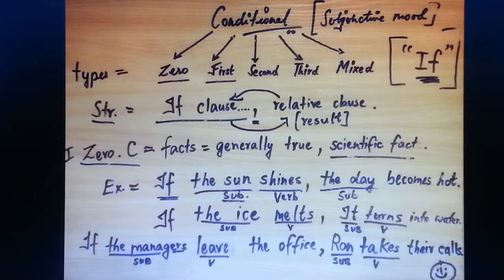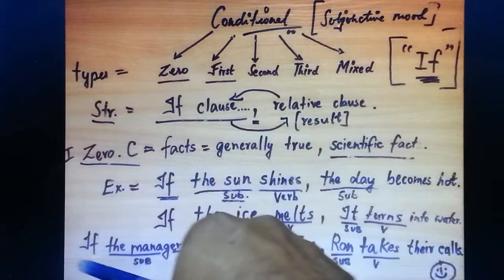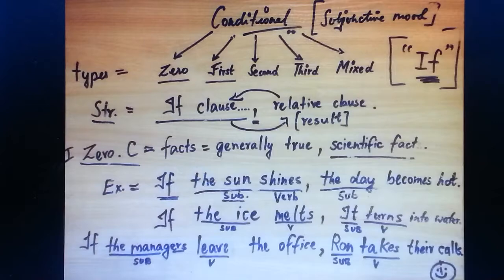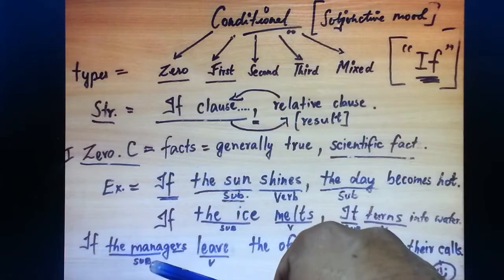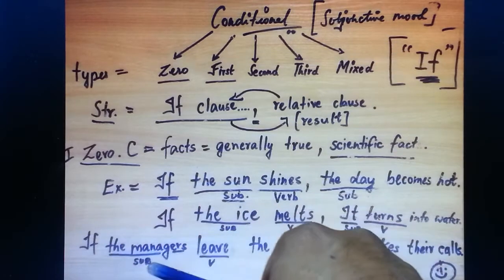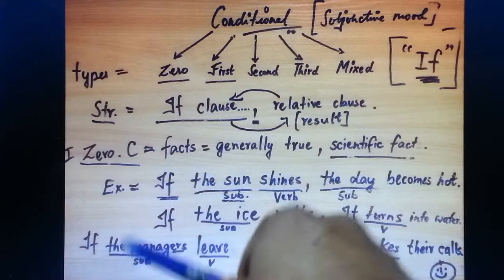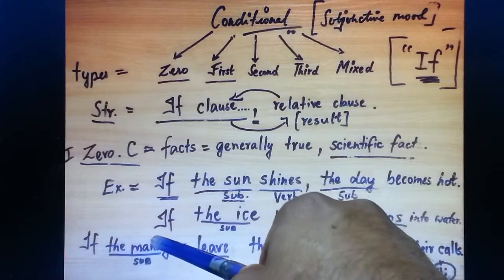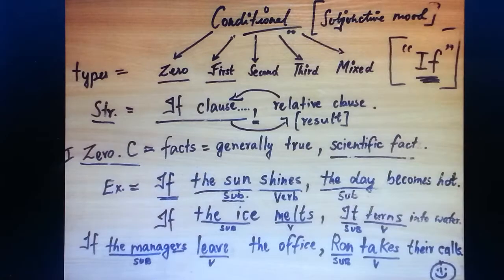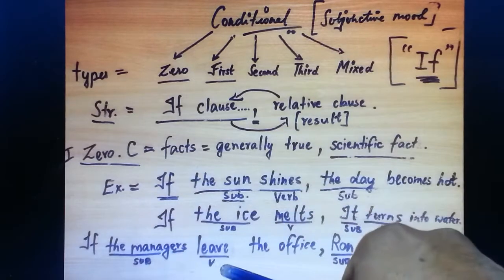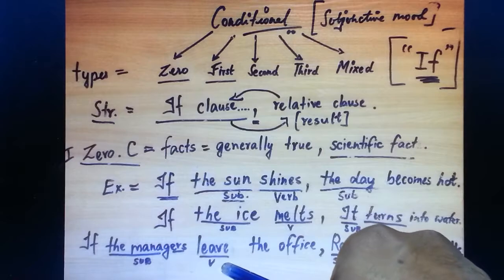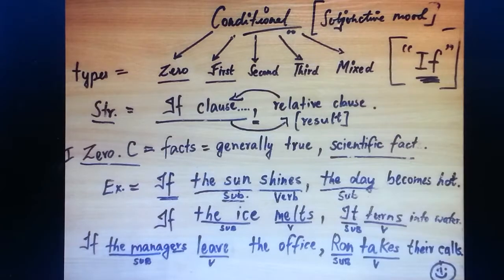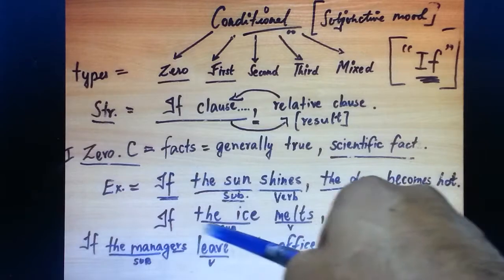Good. Now look at the sentence. If plus this sentence is in present simple tense. Why? Because the managers, that's the subject. But look at the managers. It has an S. That means this subject is plural. So when the subject is plural, you know that in present simple the verb will have no endings at all. It will be in the first form of the verb.